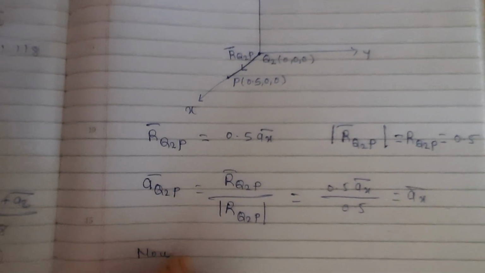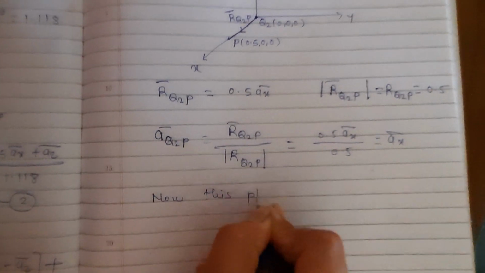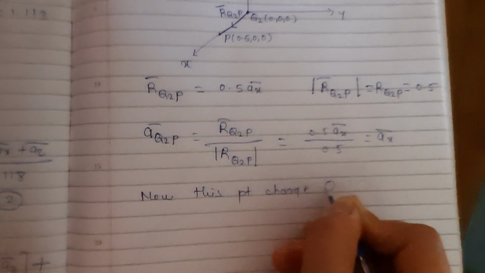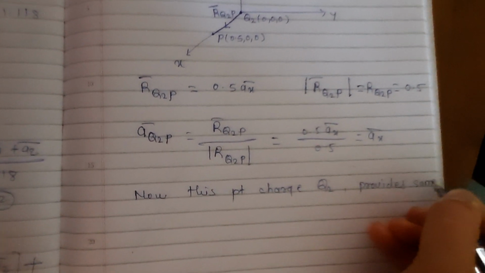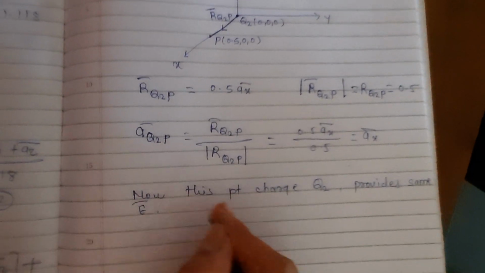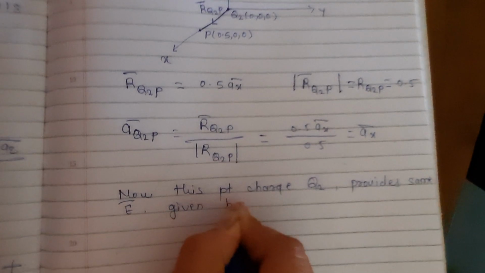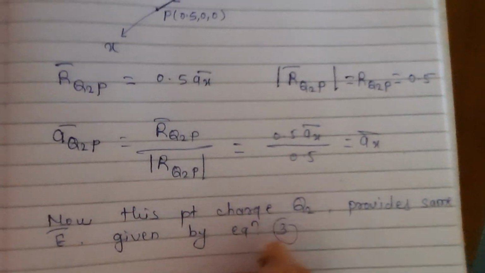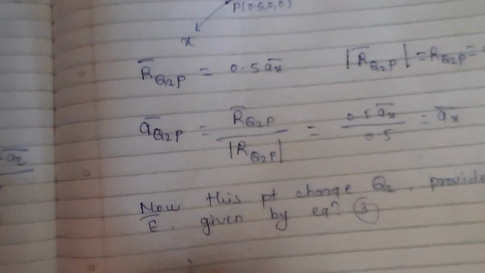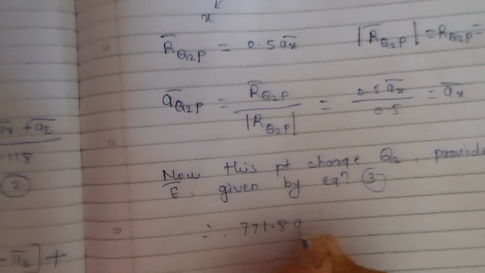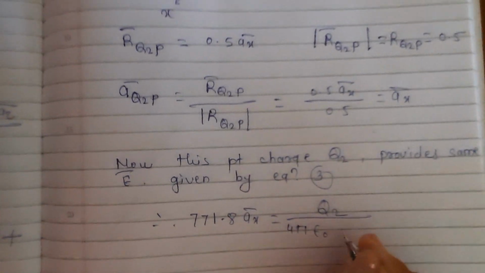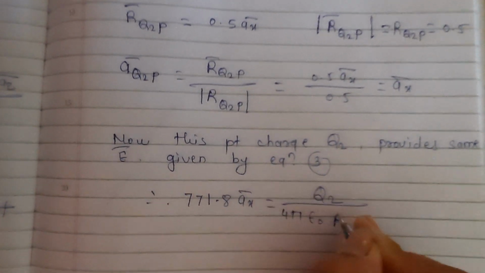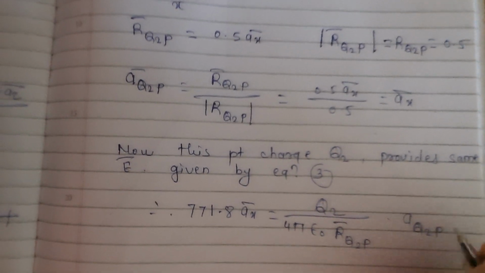Now this point charge Q2 provides the same E bar, given by equation 3. Equation 3 means the previous answer, that is E bar. So 771.8 ax bar is equal to Q2 divided by 4 pi epsilon 0 R_Q2P into a_Q2P bar.